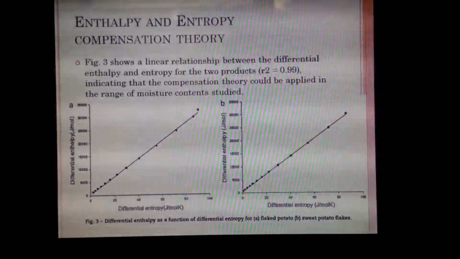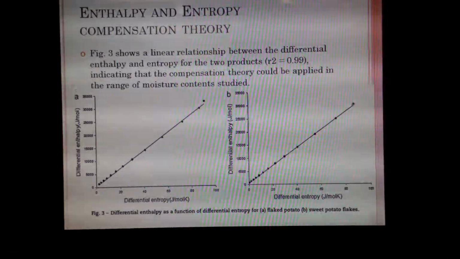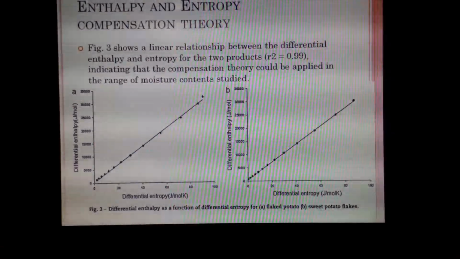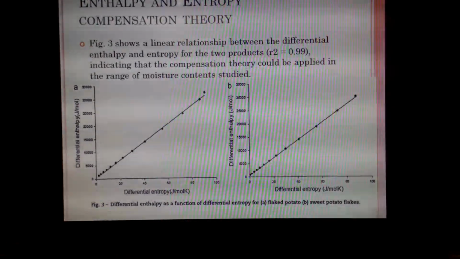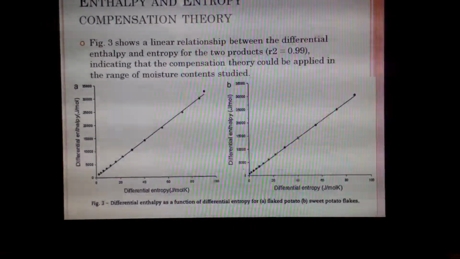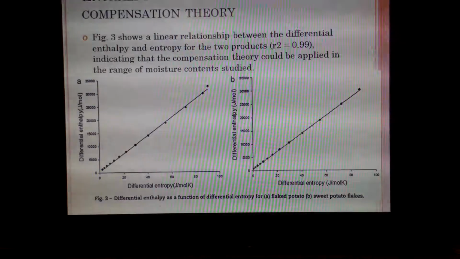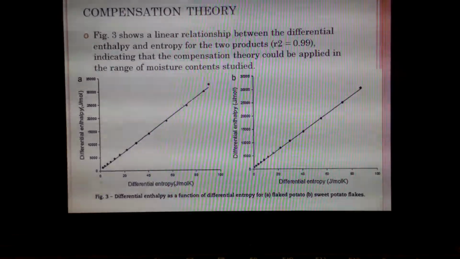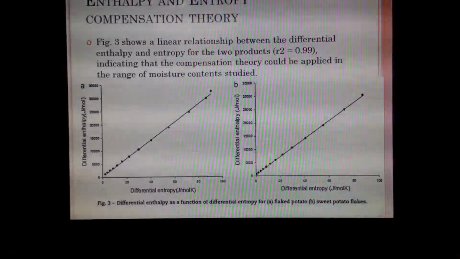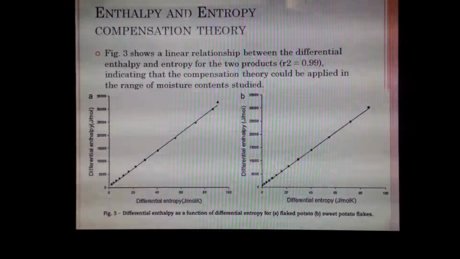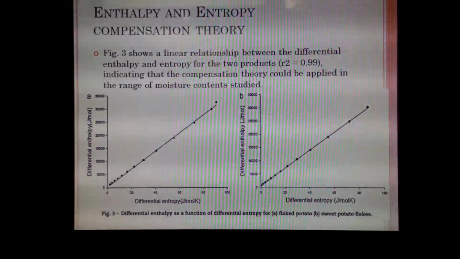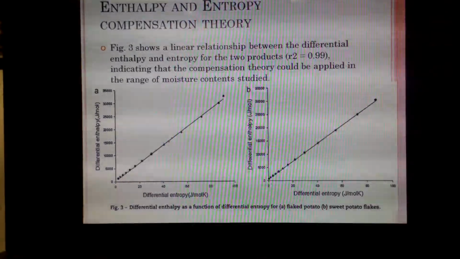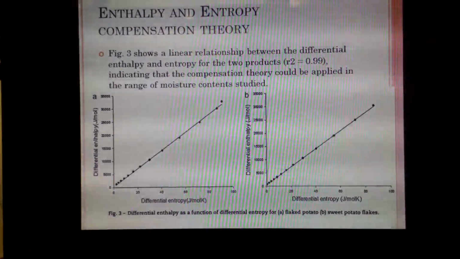So, let's get back earlier to the compensation theory. So, the calculated mean harmonic temperature for potato is 334 joules per mole, and the isokinetic temperature for potato is 372.8, and for sweet potato, 354.91 joules per mole for the mean harmonic temperature, and for the other one is 421 joules per mole for sweet potato.